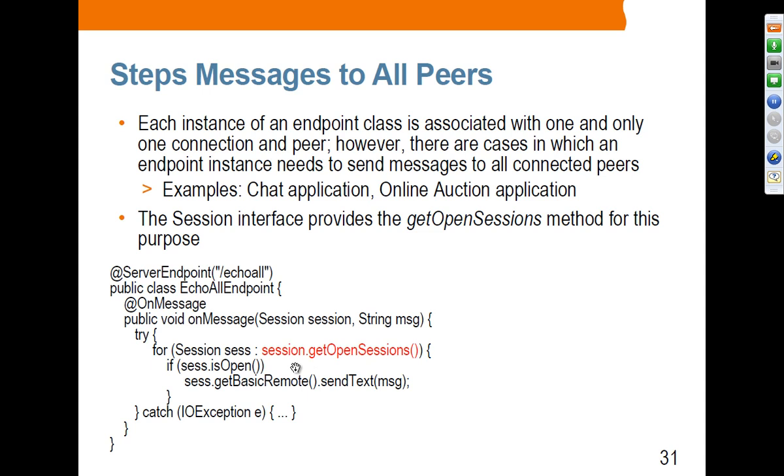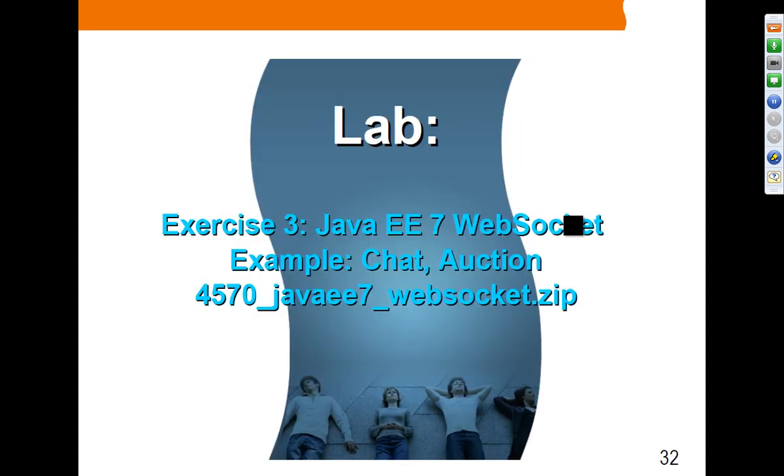So you use getOpenSessions, and it will return all the sessions representing the communication with those clients. Again, these are used when you're building a chat application, an online auction application, an online gaming application, and things like that.